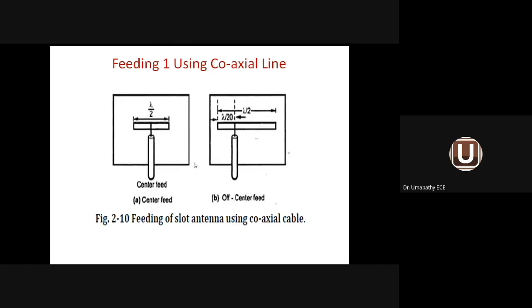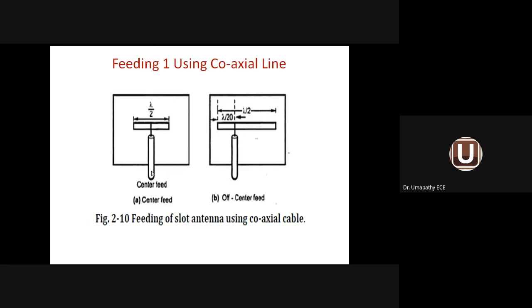This one is the metallic conducting sheet. We have a slot at the middle. The length of the slot is lambda by 2. I am feeding the slot antenna by means of a coaxial transmission line. The coaxial line will have an outer conductor as well as an inner conductor.